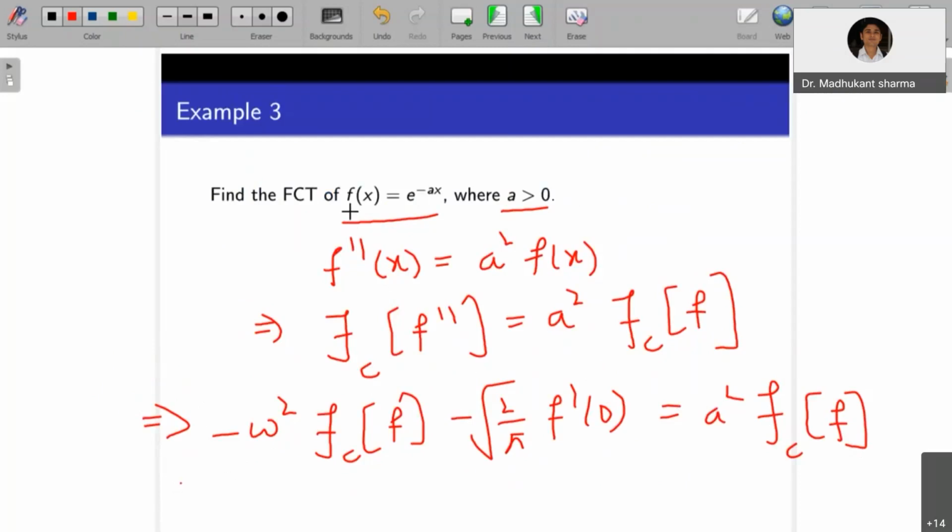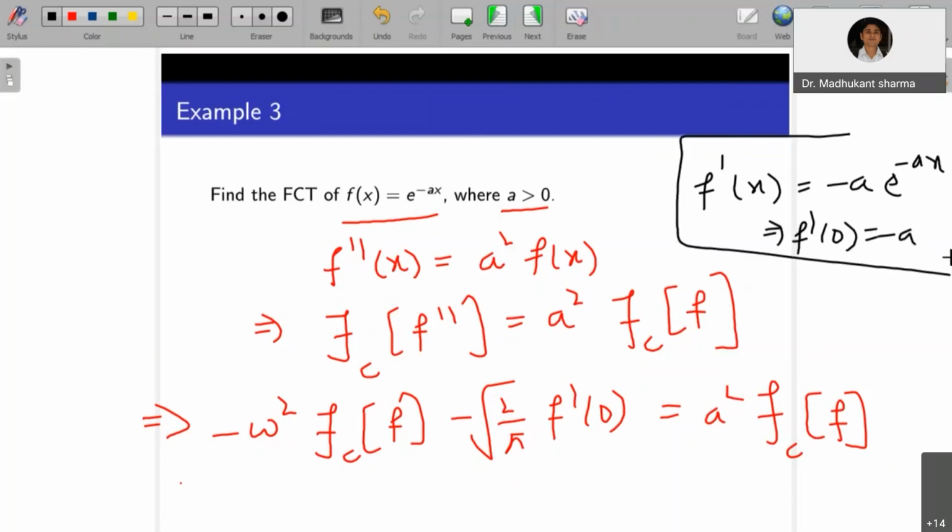Now, since you know f, what is f dash at 0? From here, f dash of x is minus a times e to the power minus ax. This implies f dash at 0 is equal to minus a. You can substitute now.